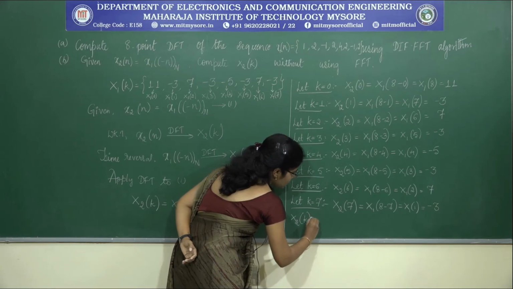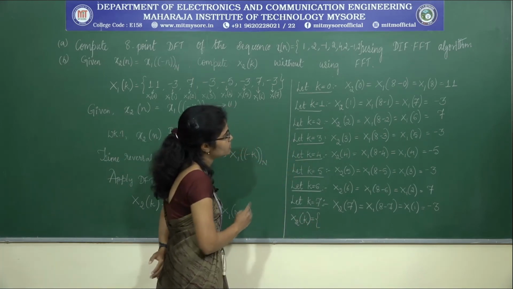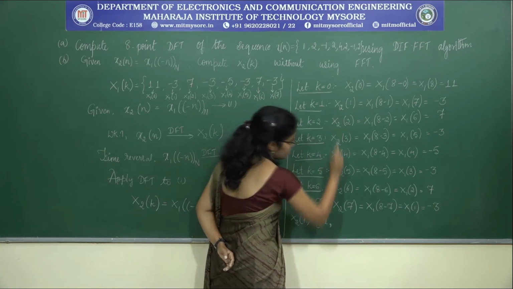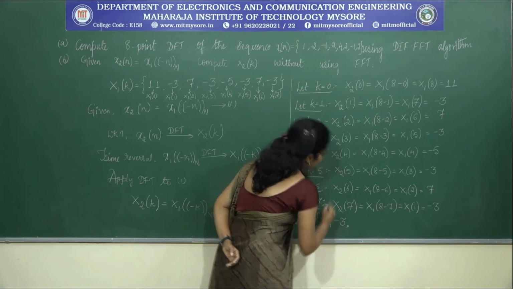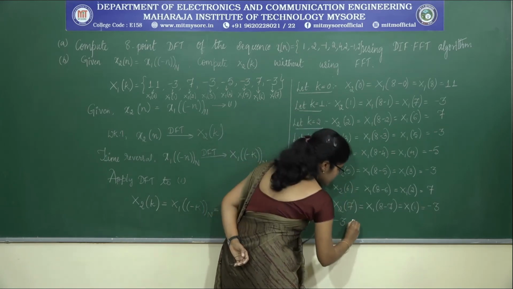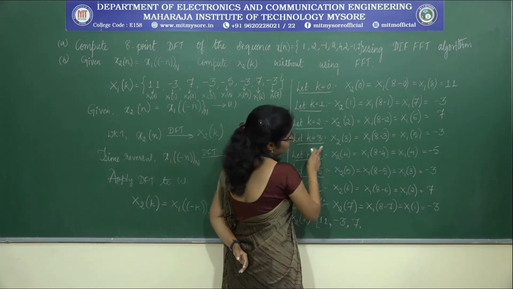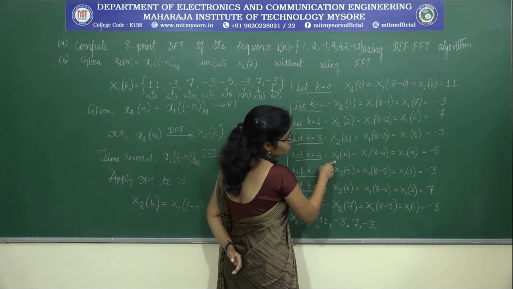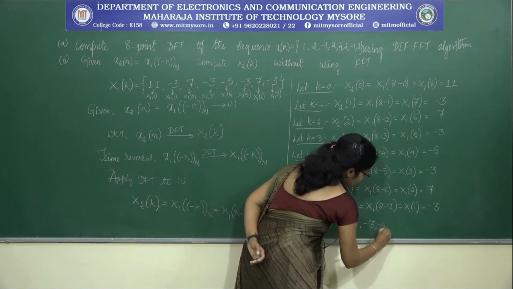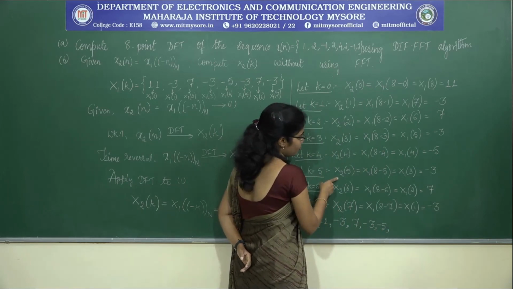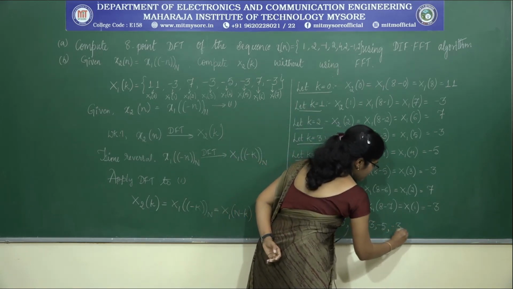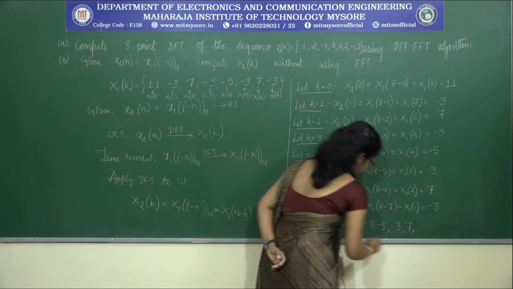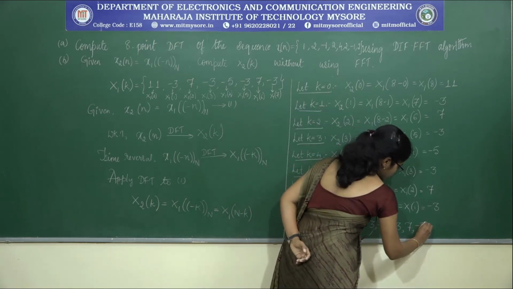Okay. So, now at last let me tabulate the values of x2 of k. Therefore, the value of x2 of k is equal to, what is x of 0? X of 0 is 11, x of 1 is minus 3, x of 2 is 7, x of 3 is minus 3, x2 of 4 is minus 5, x2 of 5 is minus 3, x2 of 6 is 7, x2 of 7 is minus 3.